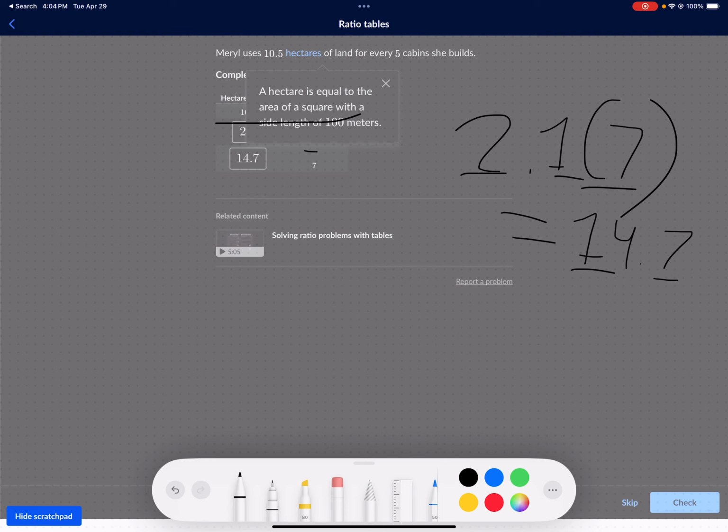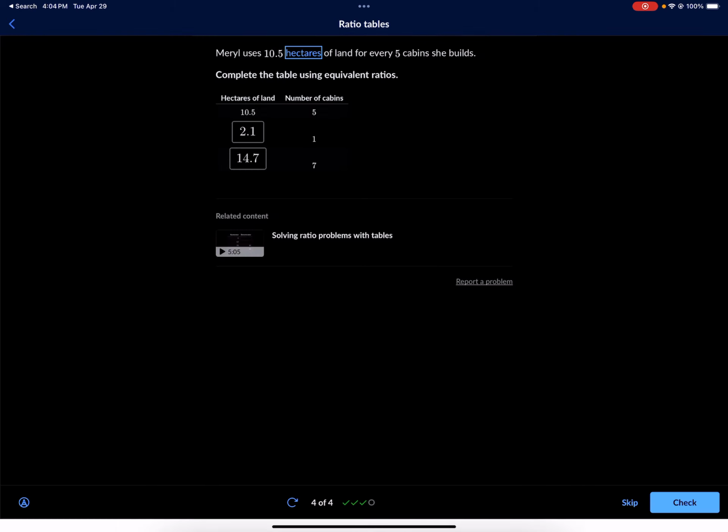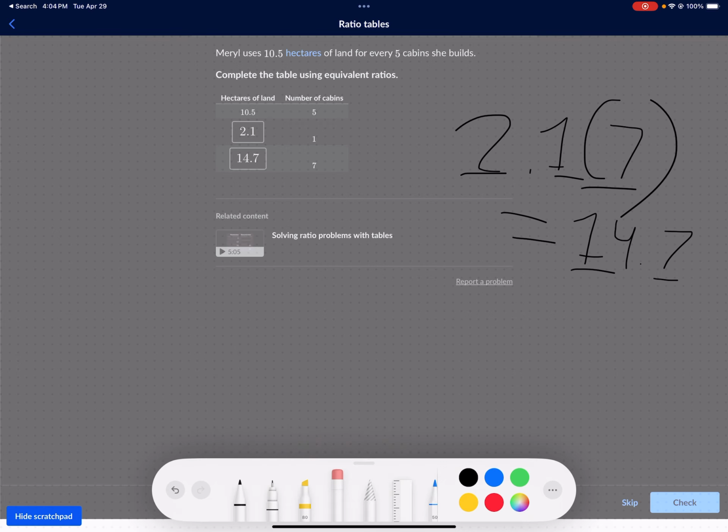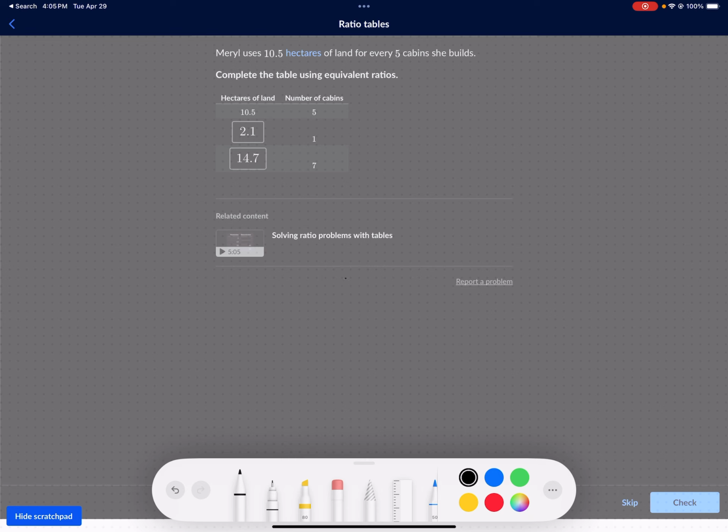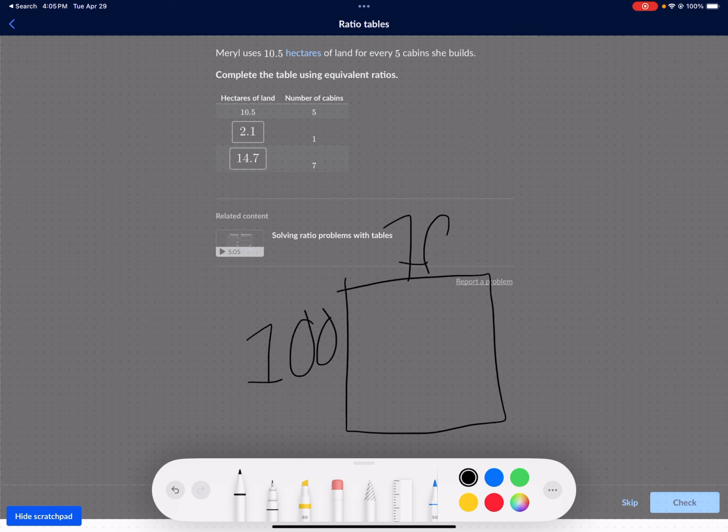If we absolutely wanted to, we can actually solve for the meters that we have. So basically, if the side length of a square is 100 meters, that's the case for everything. So 100, 100, 100, 100, or in other words, 100 squared. Now, what is squared again?